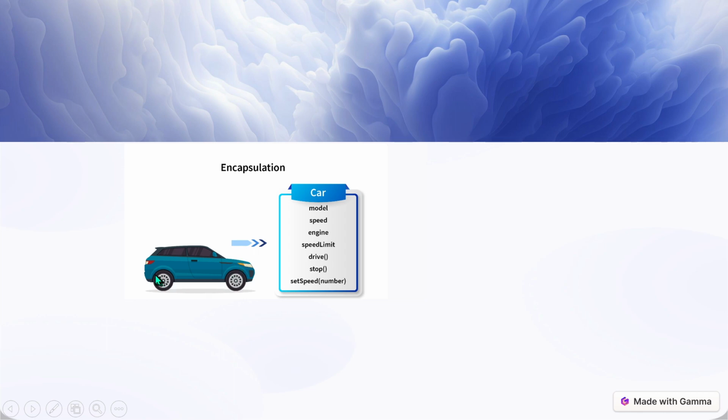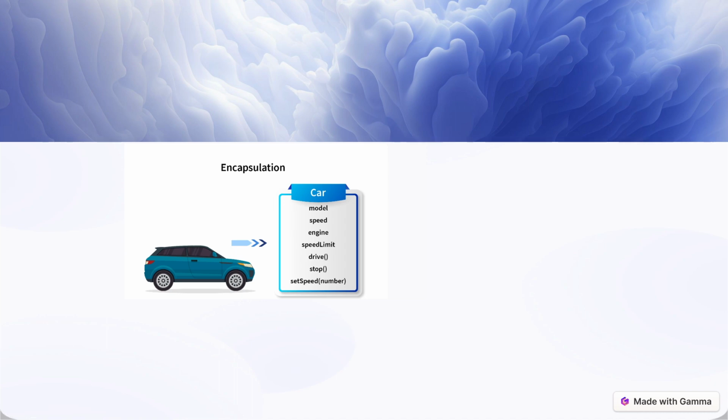These are called properties. And what a car can do: a car can drive, run, and stop. All these are the behavior, the actions a car can perform. If you put the properties and behavior together, that is known as encapsulation.